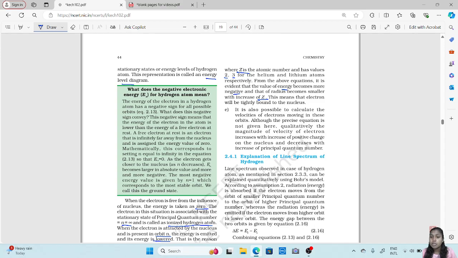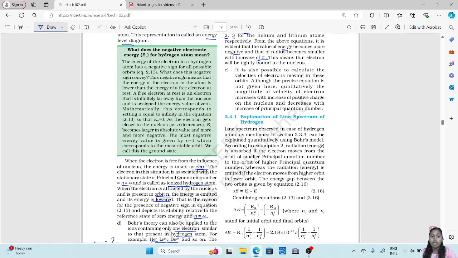Then it is also possible to calculate the velocity of electrons moving in these orbits. Although the precise equation is not given here, qualitatively the magnitude of velocity of electrons increases with increase in positive charge of the nucleus and decreases with the increase in principal quantum number.